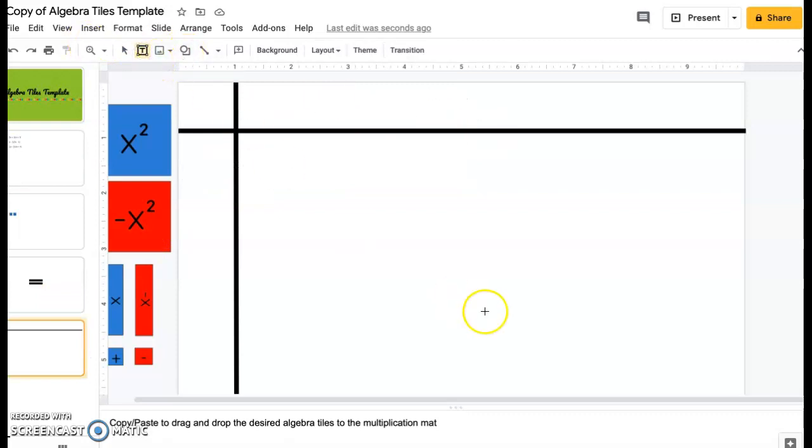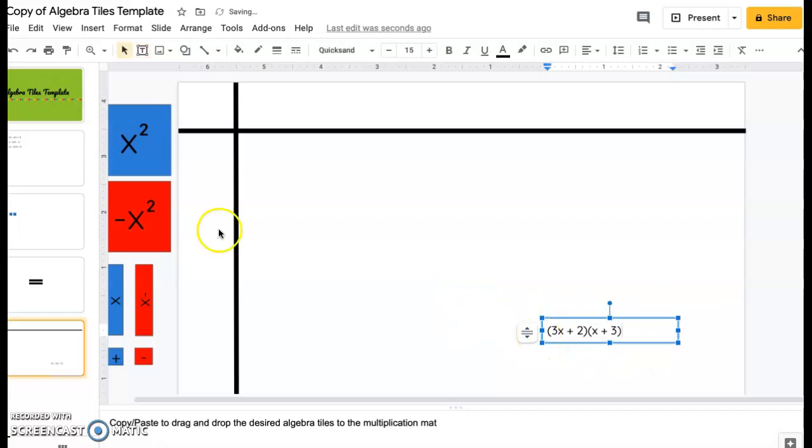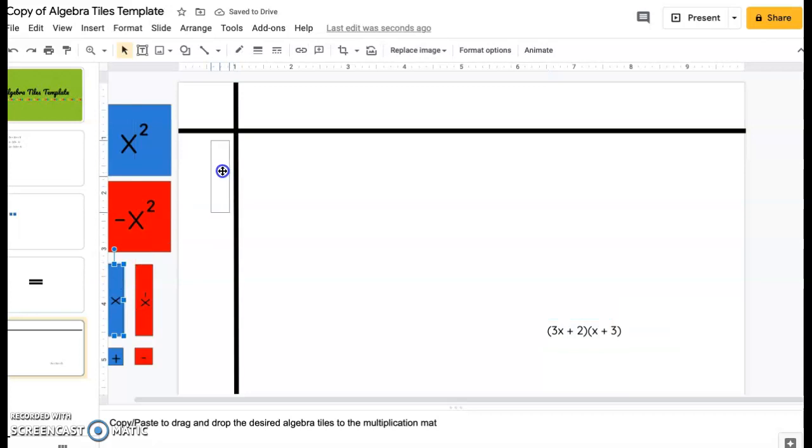Because sometimes I forget what I'm supposed to be multiplying before I get back here. All right, so we need 3 x's. And I'm going to stick this one on top. There, that's better. And need 2 more of those.